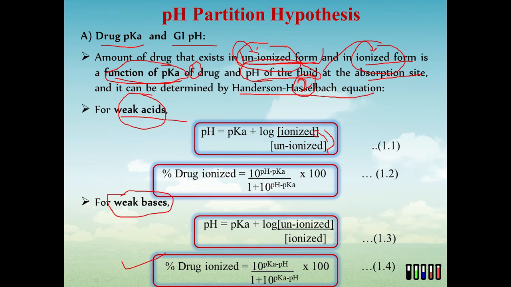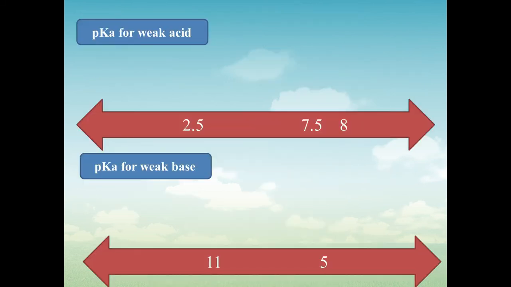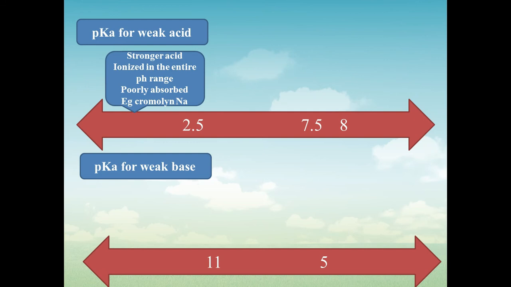Okay, then next we will start. Now in this you can observe if your drug is a weak acid. Okay, if your drug is a weak acid, what will happen? Now these are the three conditions given. Stronger acid: ionized in the entire pH range, poorly absorbed, example cromolyn sodium.